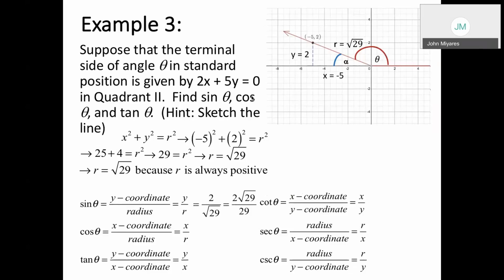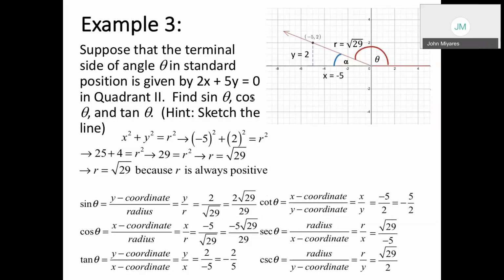The cosine is x over r, adjacent over hypotenuse, which will become negative 5 square roots of 29 over 29. The tangent will be negative 2/5, which happens to be the slope of the line. Coincidence? Maybe. Maybe not. Then the other three trig ratios are just going to again be the reciprocals of the first three.